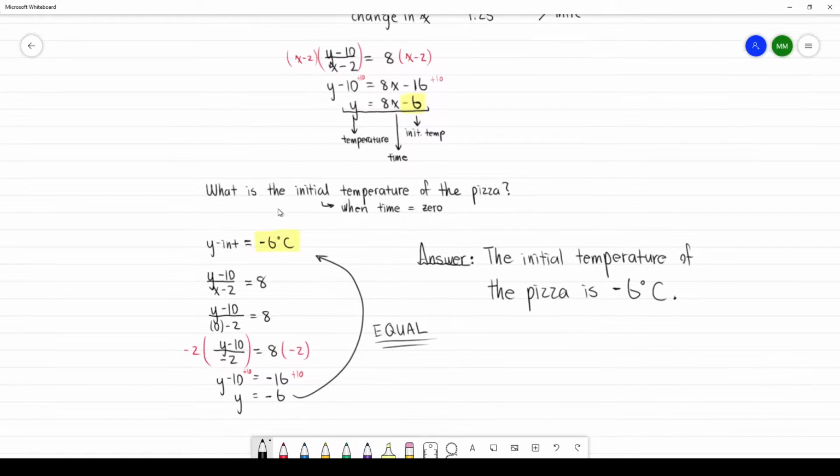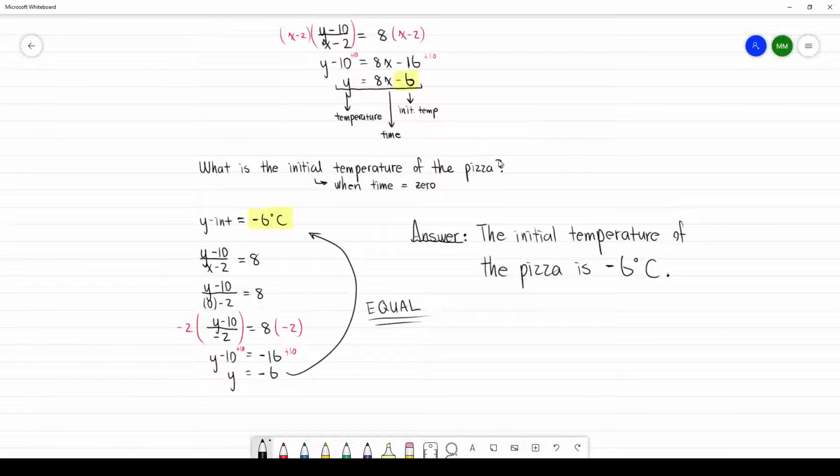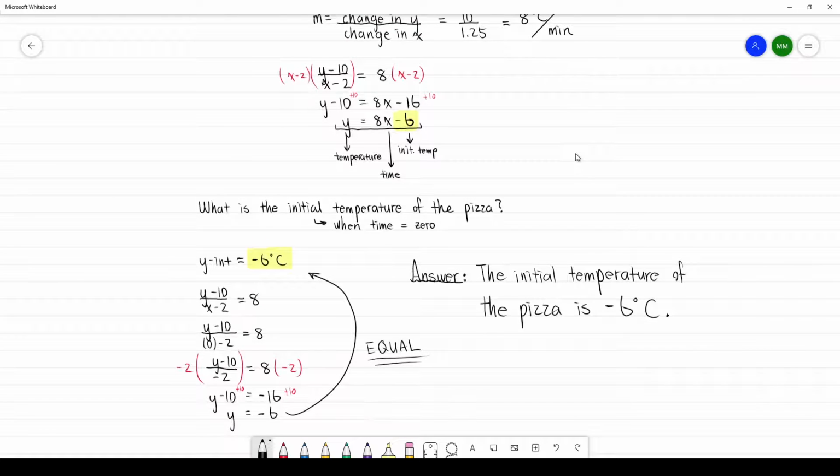So now, this question is what is the initial temperature, right? So if I ask you to find what is the temperature at, say, 2 minutes, then all you got to do is plug in 2 into the x.